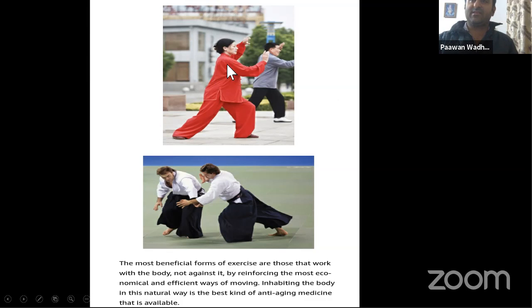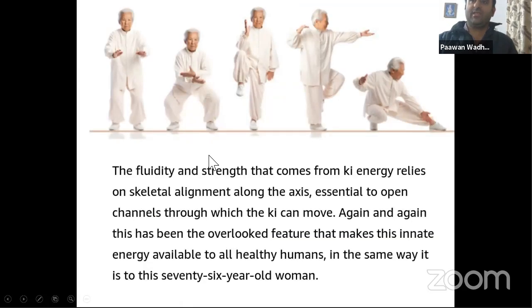So these exercises improve our alignment. Tai Chi, Kung Fu. This 80-year-old lady, look at her doing Tai Chi. The fluidity and the strength that comes from the ki energy relies on skeletal alignment along the axis, essential to open channels through which the ki can move.